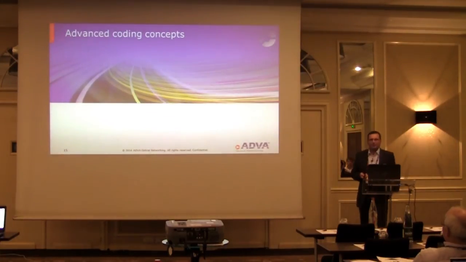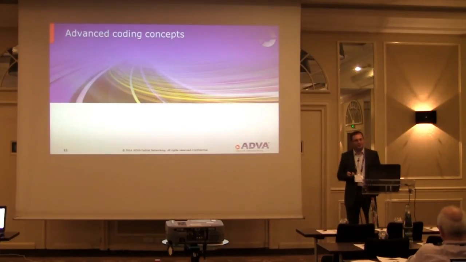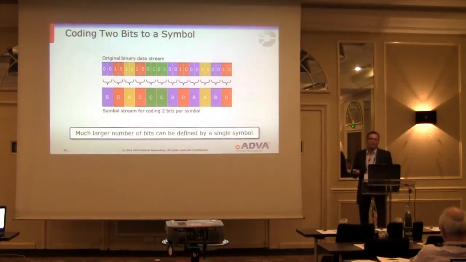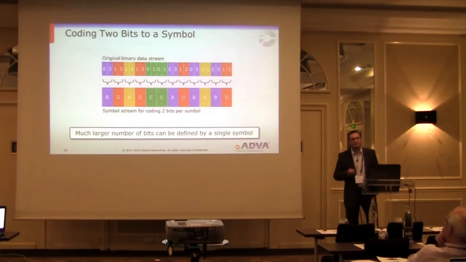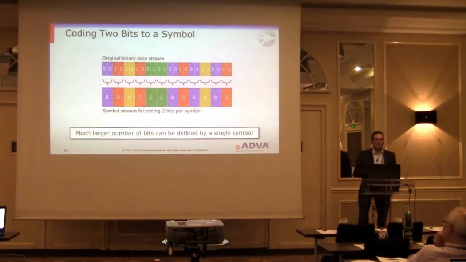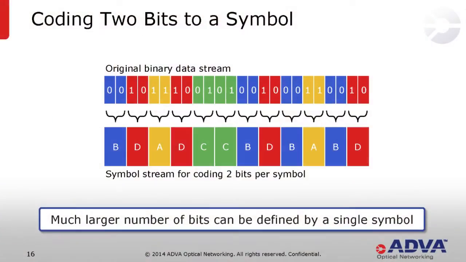Okay, so now let's talk about QPSK. What is QPSK? Basically, we don't want to code single bits and transmit them as a signal over the fiber. We want to code symbols which contain multiple bits. For example, the blue ones are two zeros, and we say, okay, this is symbol B. The red one is 1 and 0, and we say this is symbol D. Same way, A is 1, 1, and C is 0, 1.